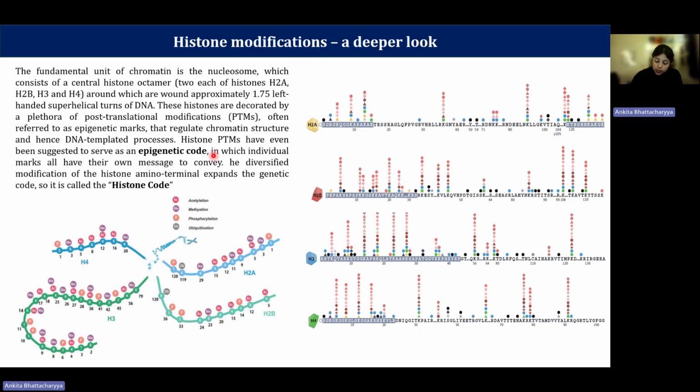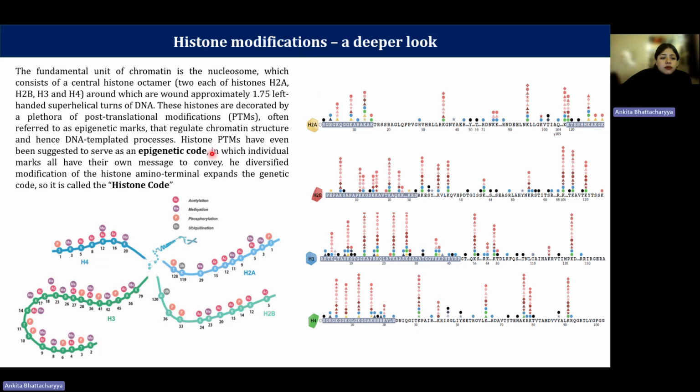In contrast, when we talk about the epigenetic code, as the name obviously suggests, it's not the DNA sequence, but it is the changes or the information that is decoded above the genetic sequence, which is imparted by post-translational modifications occurring within that DNA sequence.